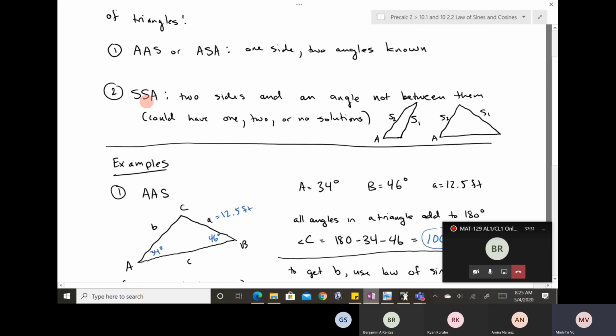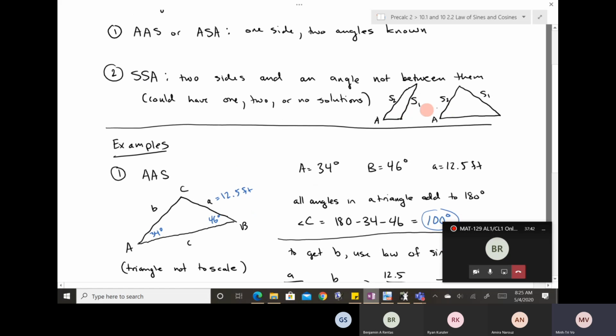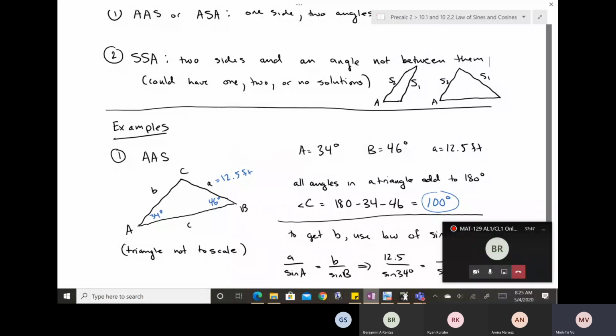But that's not the case when you have an SSA triangle. If you know two sides and one of the other angles, the two triangles don't necessarily have to be congruent to each other, and that's why there's two solutions.